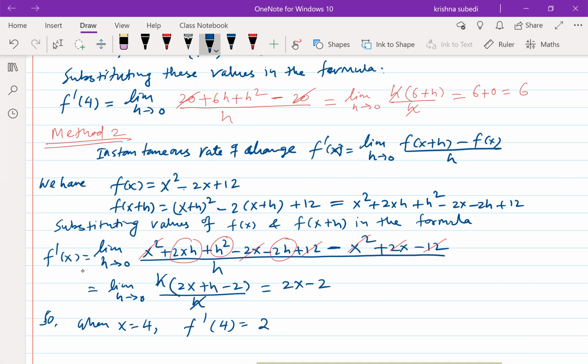Because we already got f prime of x is 2x minus 2. Now when x is 4, f prime of 4 is going to be 2 times 4 minus 2, which gives me 6.